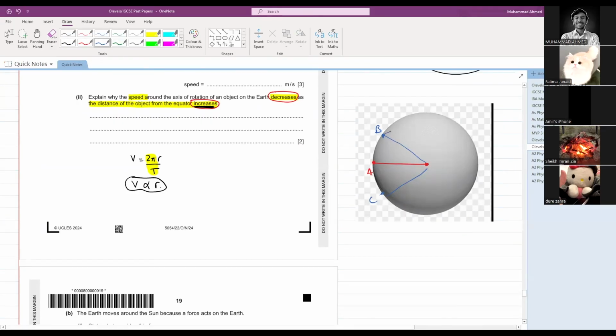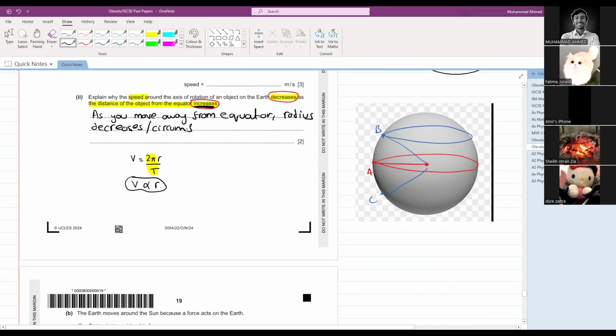You can also visualize it like this. If you move around a circle like this, is this a bigger circle, or is the red one a bigger circle? Obviously the red one is bigger. So what will you say here? As you move away from the equator, your radius decreases, or in other words, circumference decreases.